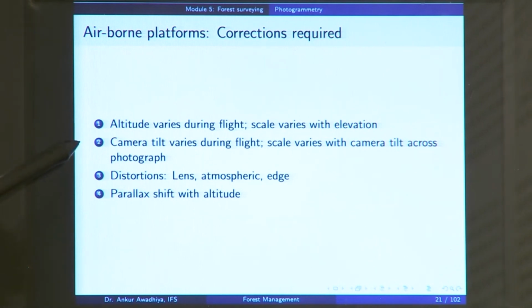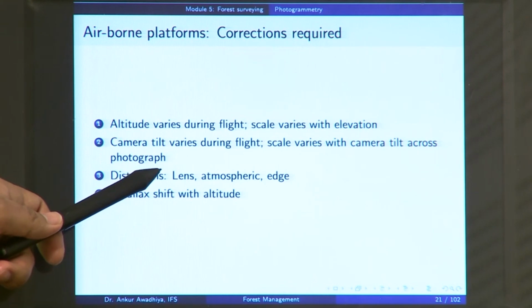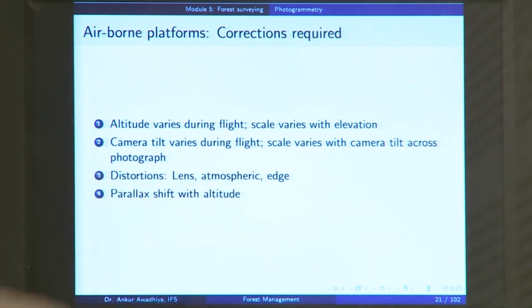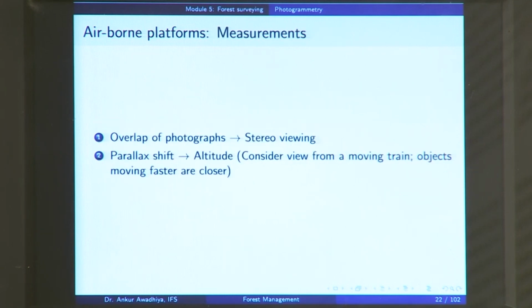Then the camera tilt may vary during the flight, in which case the scale will vary with the camera tilt across the photograph. There could be distortions because of the lens, because of the atmosphere or at the edges, and there can also be parallax shift along with the altitude. So, all these corrections need to be incorporated when you are processing the images.